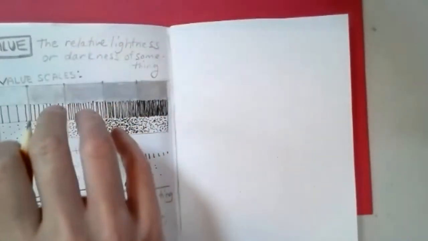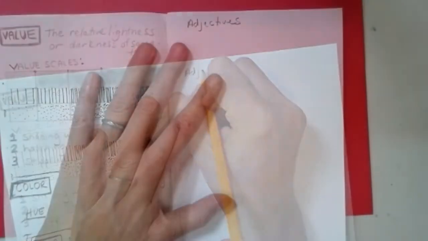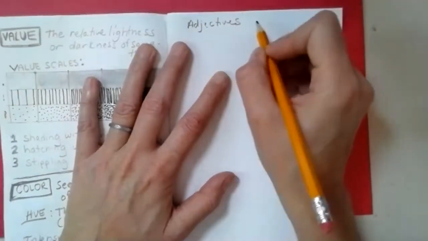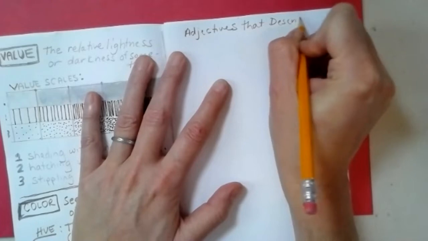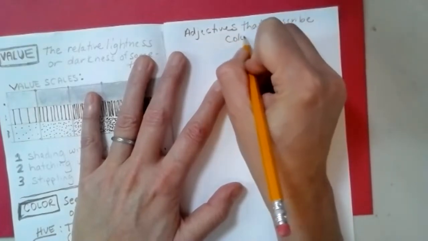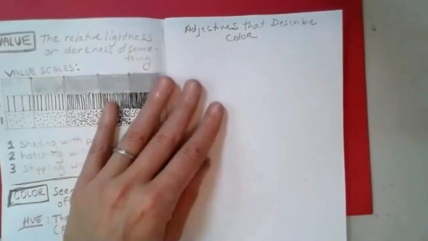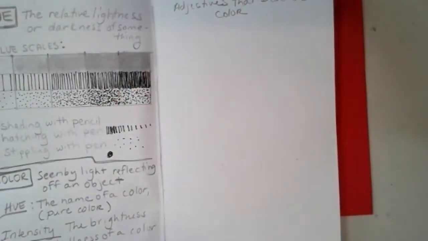And then I want you to write down adjectives that describe color. And she is going to go through a couple different paintings and talk about different ways that you could possibly describe those paintings. Just write down as many adjectives as you can.